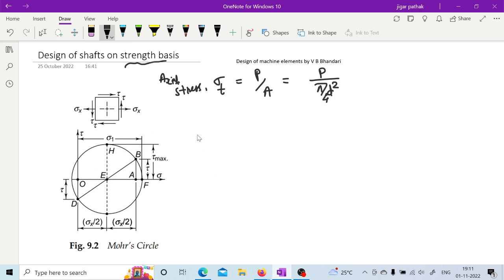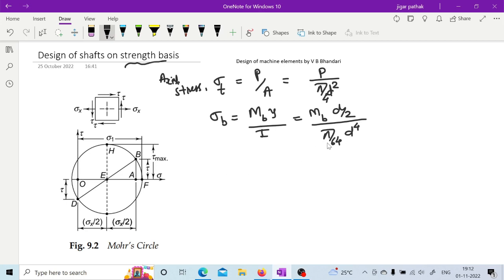After that, the shaft may also be under the action of bending stress. From the theory of pure bending, bending stress is given by M_b y upon I. M_b is the bending moment, y is the distance, which is generally considered as d by 2, and I is the area moment of inertia, which is pi by 64 d raised to 4.